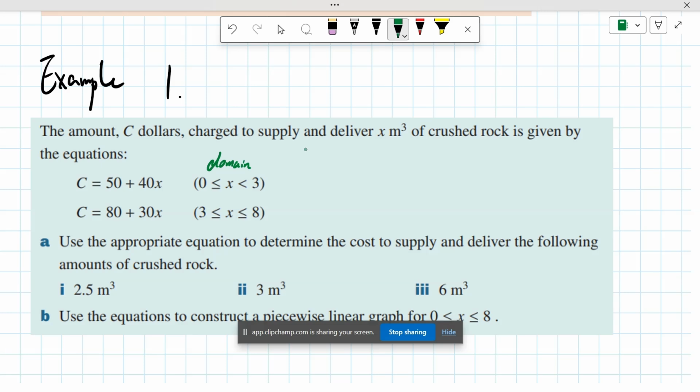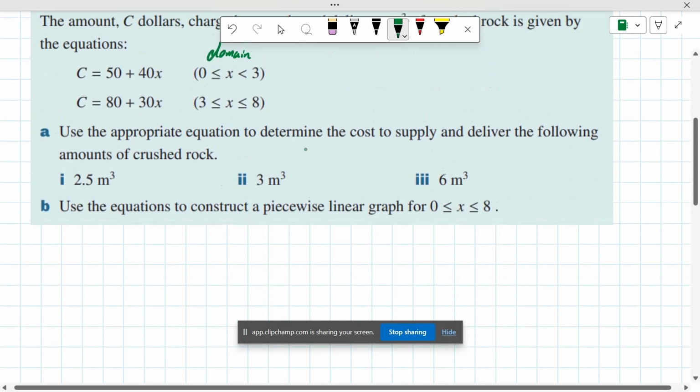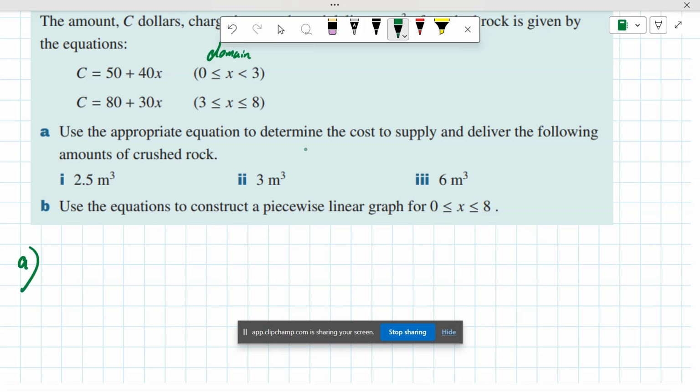First question: using the appropriate linear equation, determine the cost to deliver the following amounts of crushed rock. For 2.5 cubic meters, 2.5 is inside 0 to 3, so we can use C equal to 50 plus 40x.